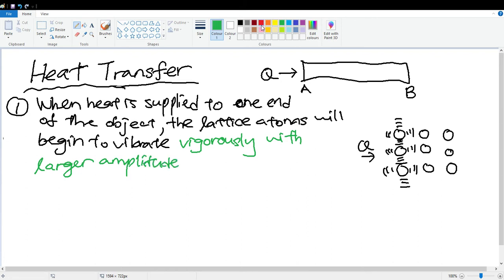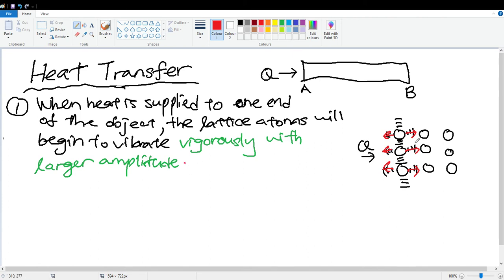Basically, when the heat energy is transferred to the lattice atoms, the first column of these lattice atoms will begin to vibrate from left to right, to the left and to the right. So this is the vibration of lattice atoms.